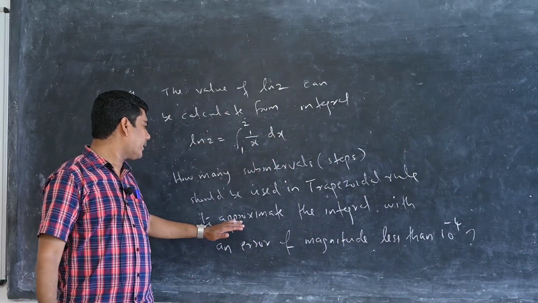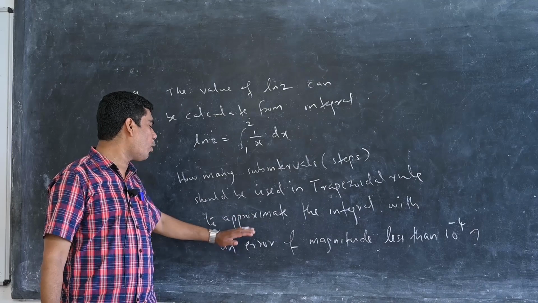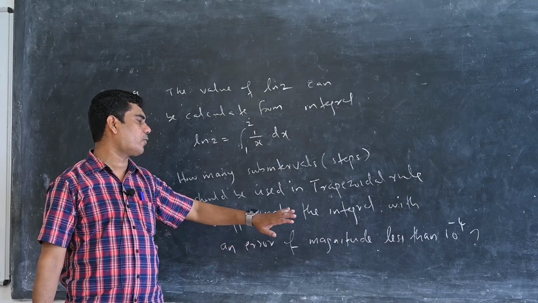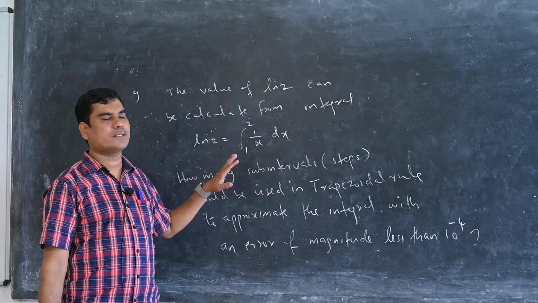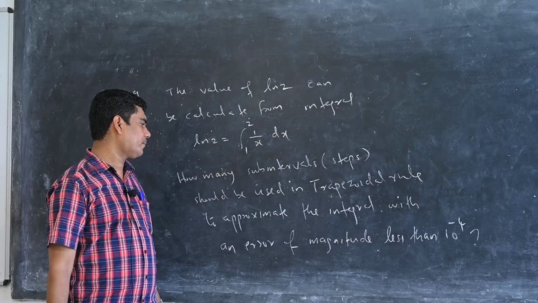So we want the magnitude of the error, mod E_T, less than or equal to 10 raised to minus 4. For that, how many steps or subintervals are needed?